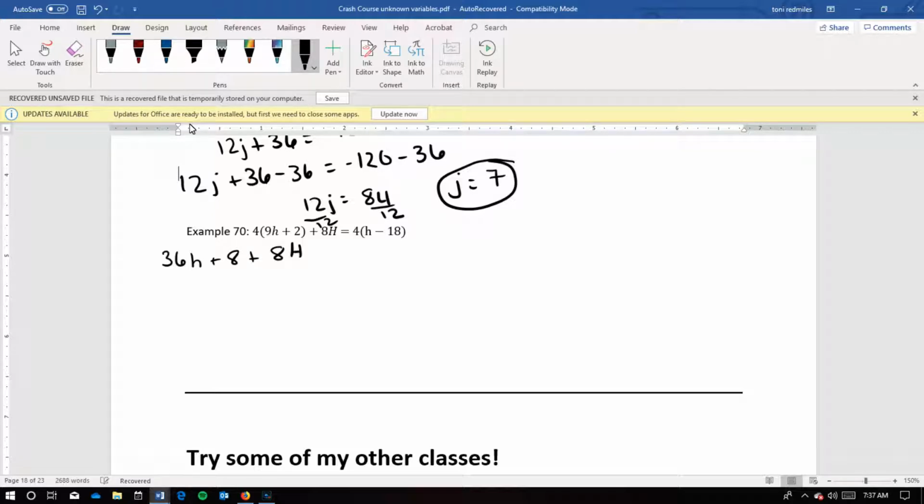big H, which means it's not the same as these little h's. 4 times little h is 4 little h. 4 times 18, I'm going to put it underneath. It's going to give me 72.